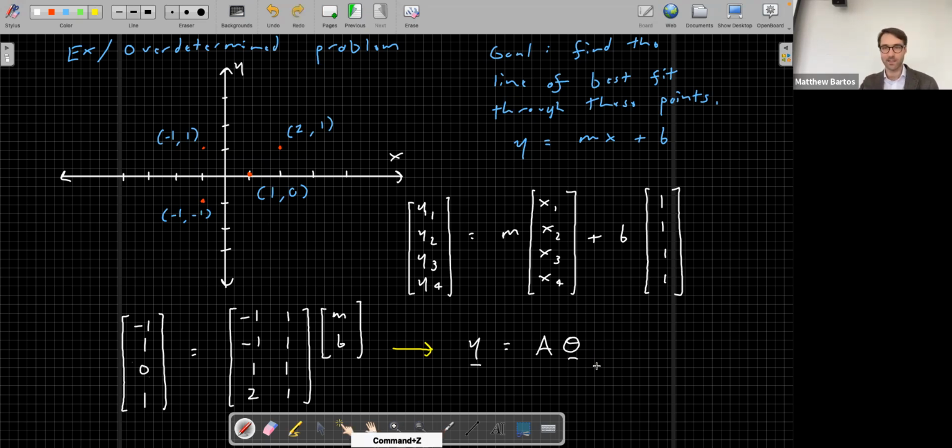We're trying to find the m and b that satisfies the system of equations. Is it possible to satisfy the system of equations? Is there a line that will go through all of these points? No, right? There is no solution to this problem. So what can we do to find the best set of parameters m and b for this problem?